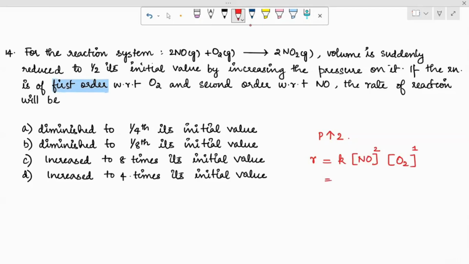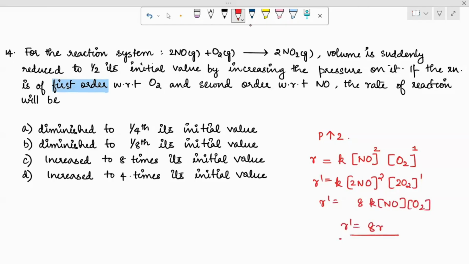So this becomes K into 2 NO squared and 2 O2. This is a new rate. So what is a new rate? 2 to the power 2 is 4. 4 into 2 is 8. 8 times K NO squared O2. Or R prime is equal to 8 times the old rate, increased to 8 times its initial value. Option C.